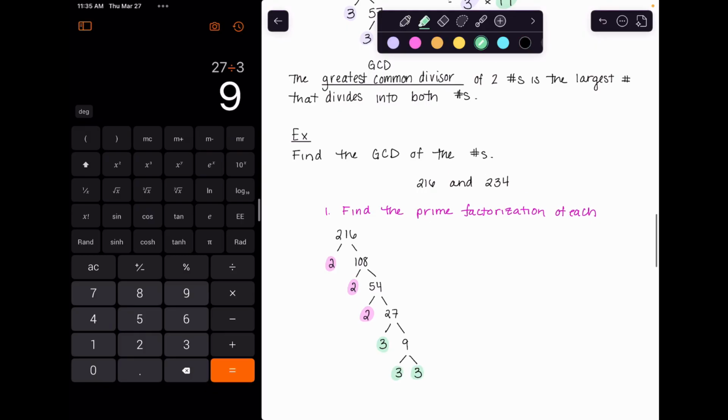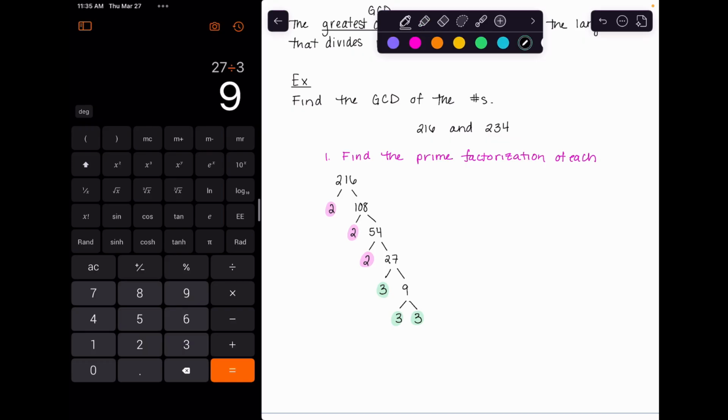So this is my prime factorization for 216. At this stage, I'm not going to write all of them out. 2 and 3 are the only prime numbers that make up this number. I have 3 2s and I have 3 3s.